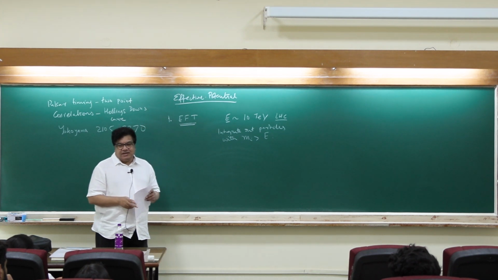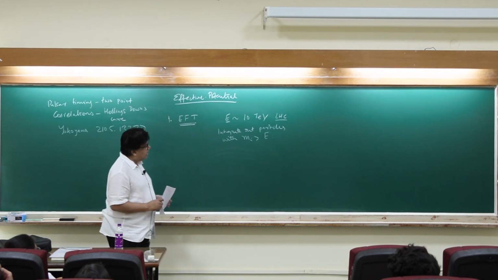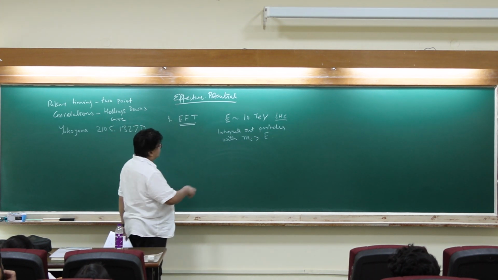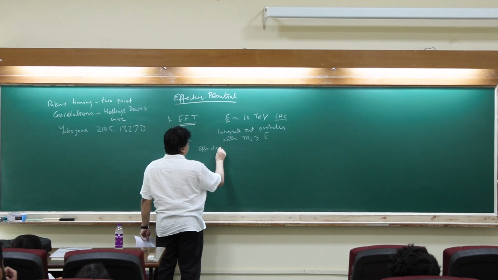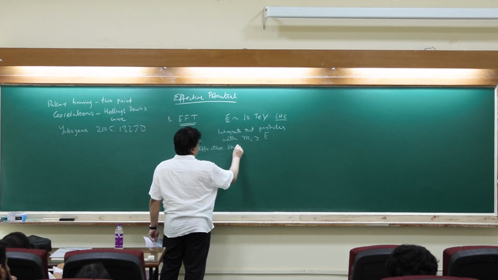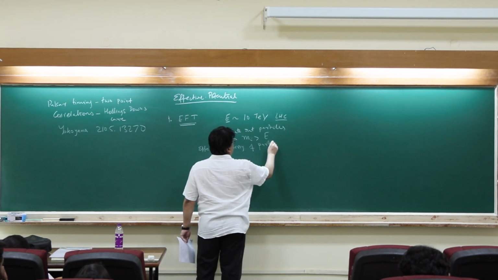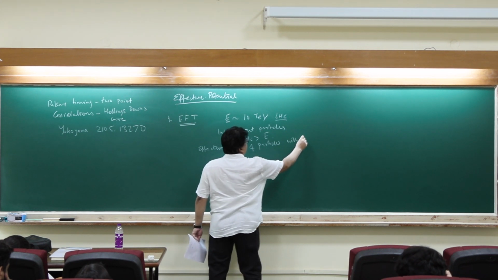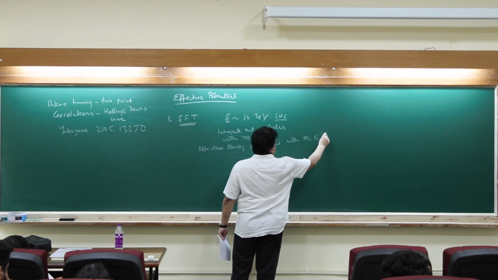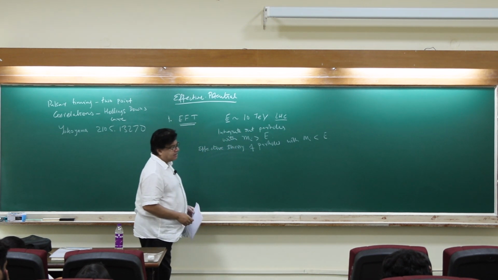And then write the theory of the lighter particles. So what is the effective theory? Theory of particles with mass M_i less than E, which will be produced as external legs.